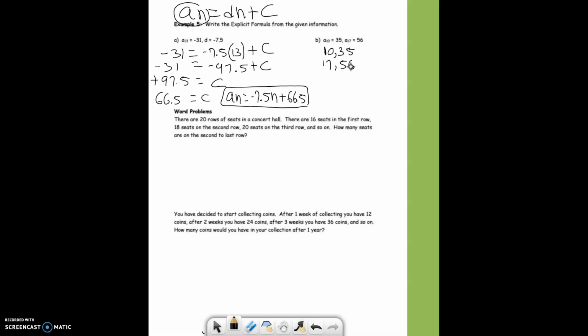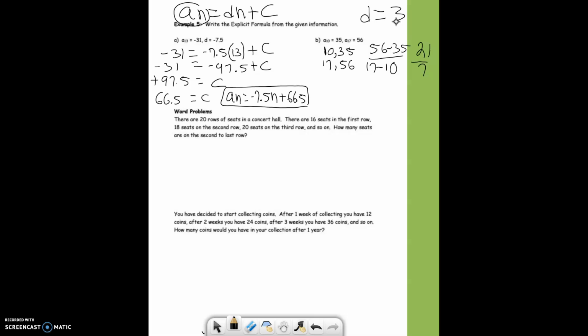So we do 56 minus 35 over 17 minus 10. Let's see what that's going to give me. So I've got 56 minus 35, which is going to give me 21 over 7. So the difference, d, equals 3.